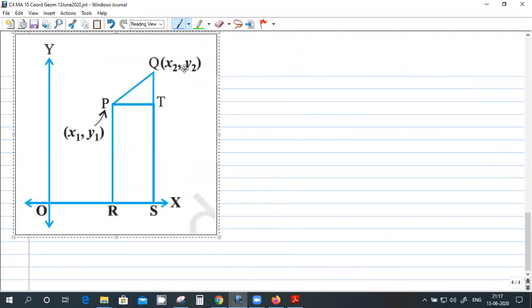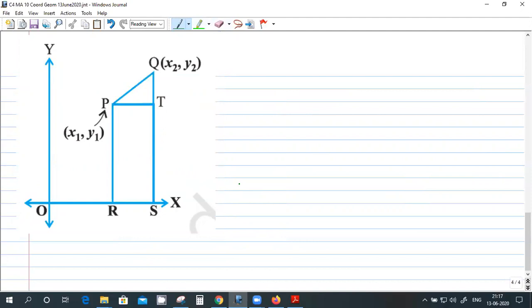Can you use Pythagoras theorem? Yes, we can still use Pythagoras theorem. RS square plus QT square is equal to PQ square.